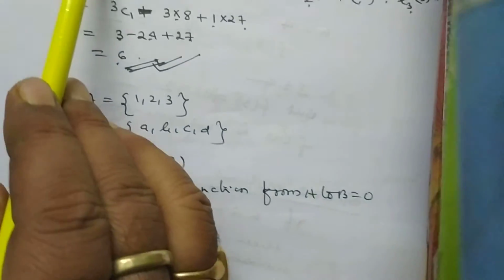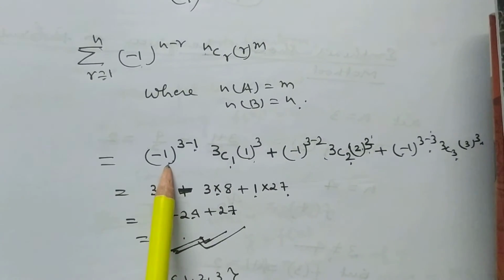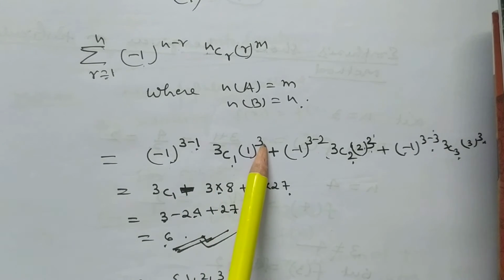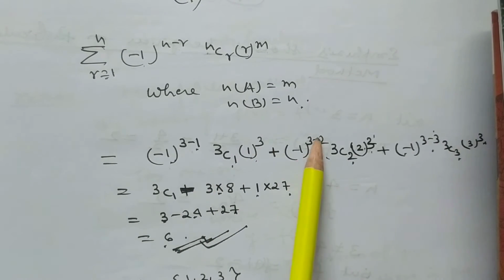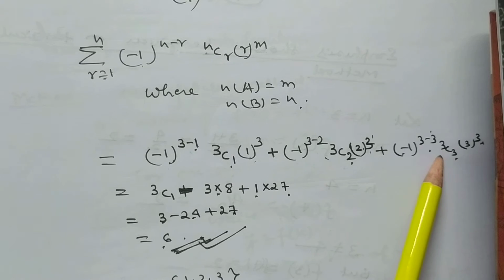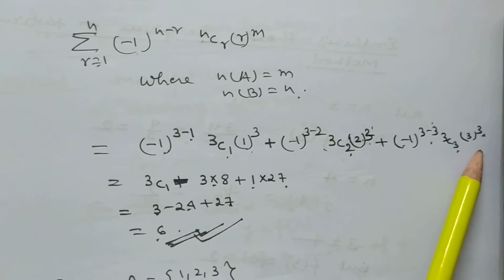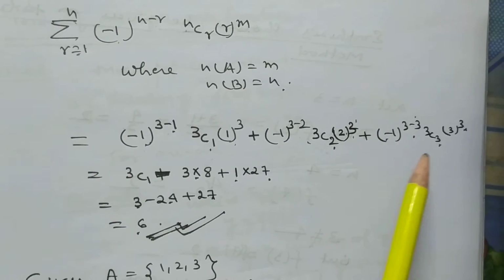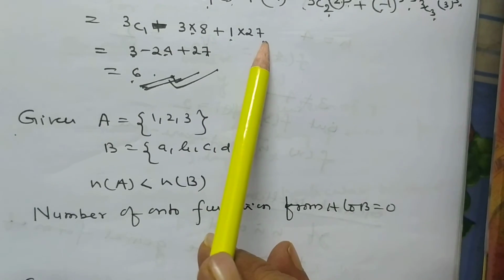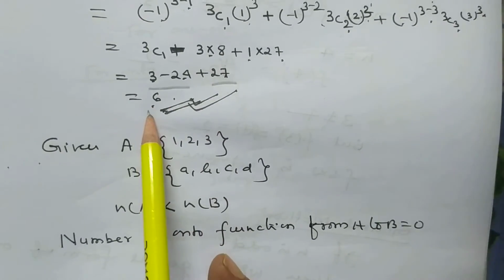So by using this formula, where the cardinal number of A is equal to m and the cardinal number of B is equal to n, we get minus 1 to the power 3 minus 1, 3C1, 1 to the power 3, minus 1 to the power 3 minus 2, 3C2, 2 to the power 3, minus 1 to the power 3 minus 3, 3C3, 3 to the power 3. So it will be 3 minus 3 into 8 plus 1 into 27, that is 3 minus 24 plus 27, and that is 6.